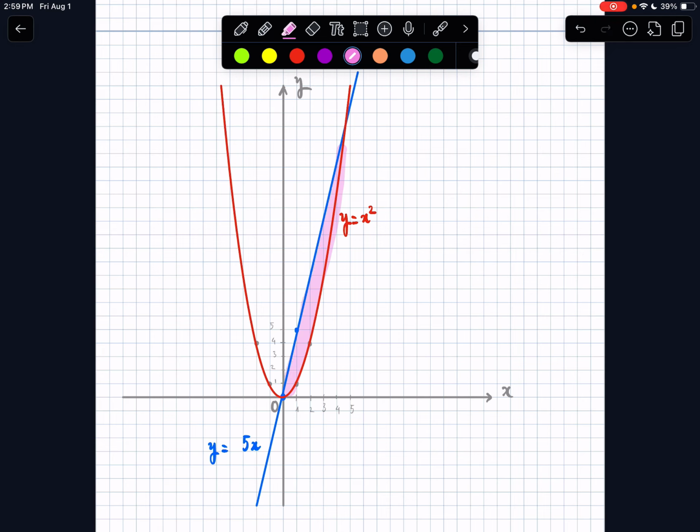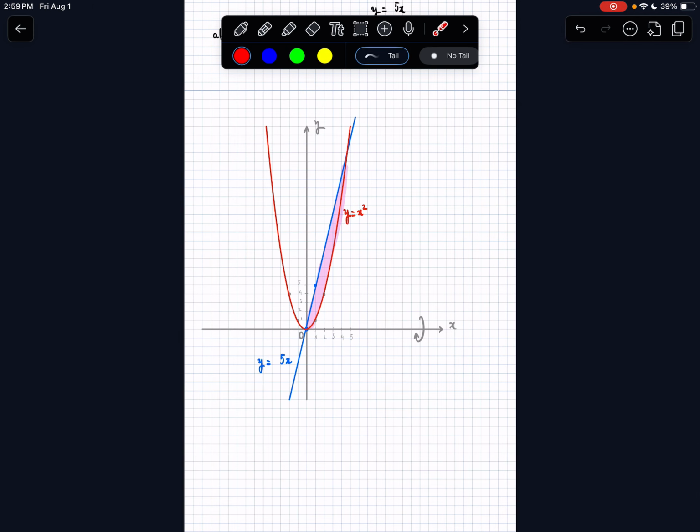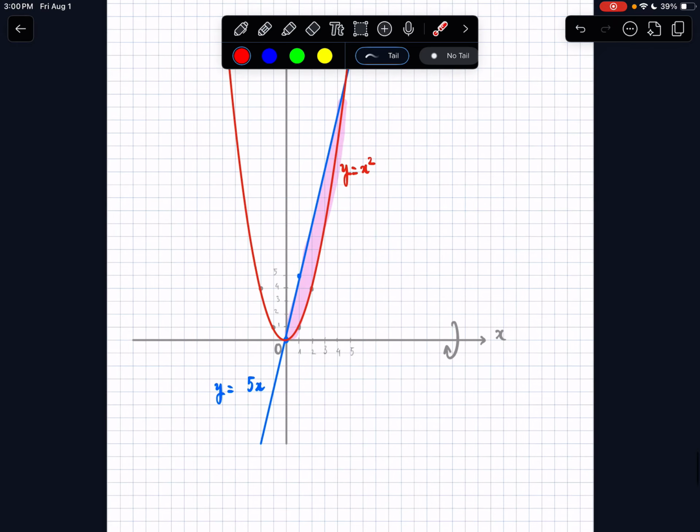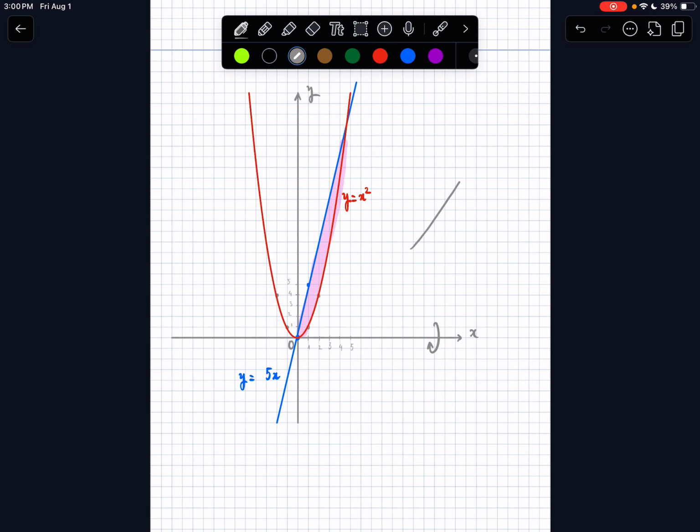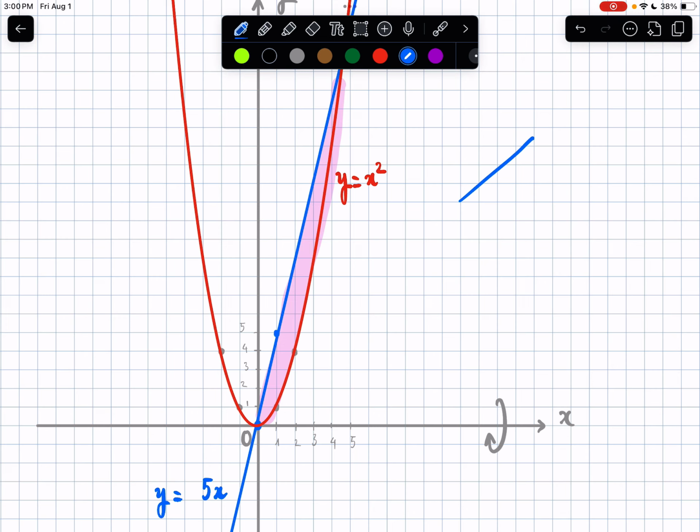We need to rotate this region about the x-axis. So what we will see is something like this. Every point on the blue one gives us this outer circle, so that gives the outer boundary.